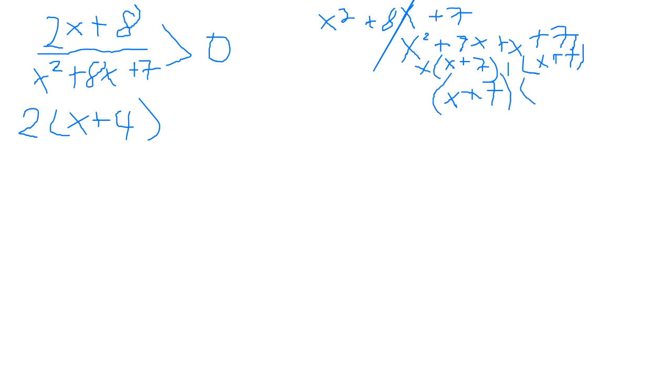I'll get x plus 1. So our factors down will be x plus 7, x plus 1.